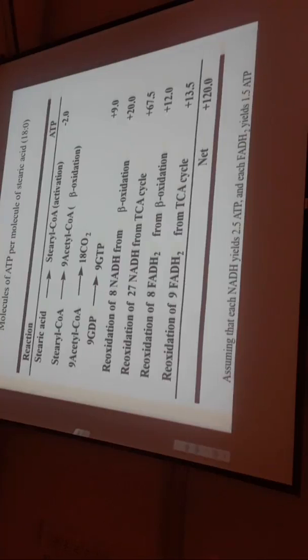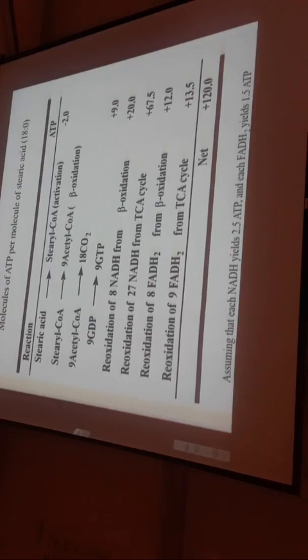Each of these is worth 2.5 ATP equivalents. We produce 9 acetyl-CoAs, so we have 27 NADH times 2.5 is 67.5. We produce 9 FADH2s in the citric acid cycle, right? Times 1.5 is 13.5. Okay.